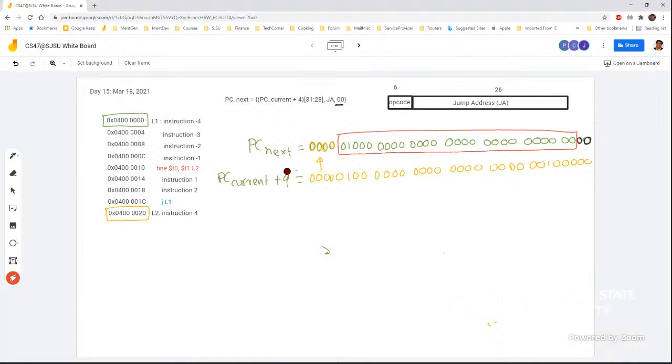I think the second group bits is wrong. Second group, which one? In PC next. This one is wrong, you mean? You might have put an extra 0. Yeah, that's what I'm trying to figure out.